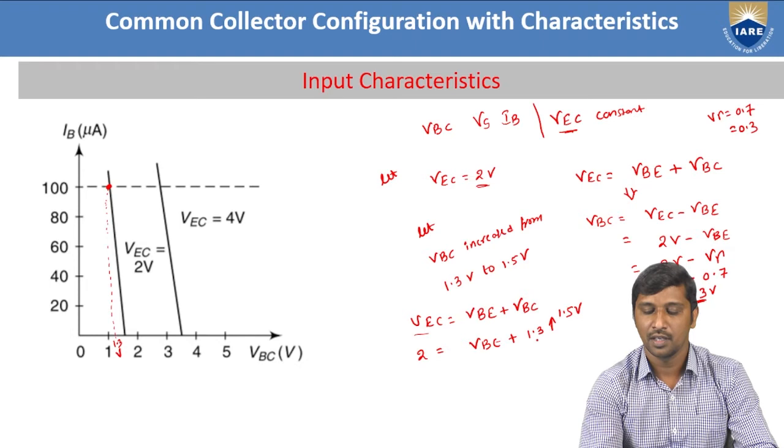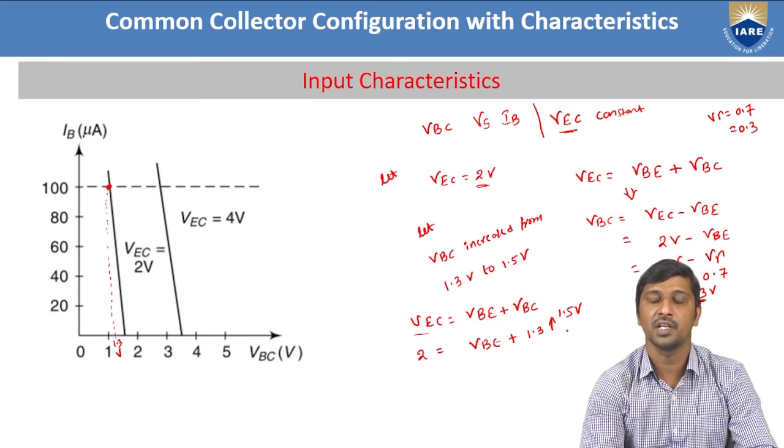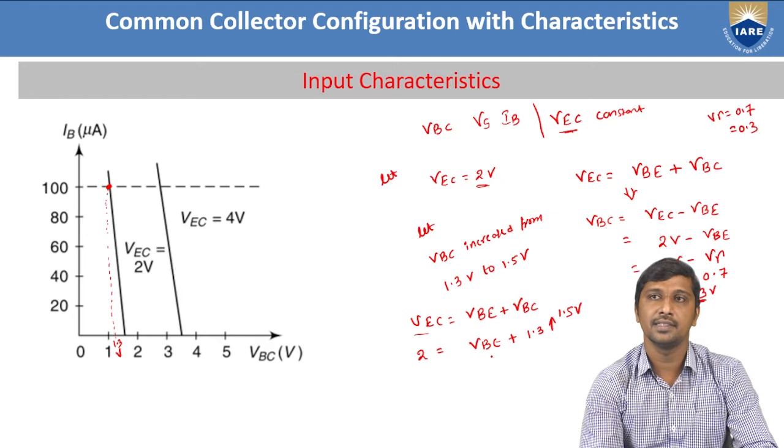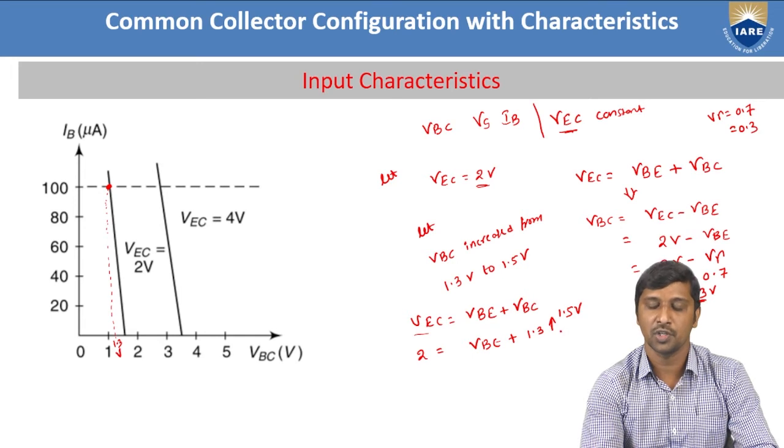If you observe this increase from 1.3 to 1.5 volts, how much voltage is increased here? 0.2 volts is increased, and that 0.2 volts is compensated through VBE. Hence, VBE is reduced from the cut-in voltage by 0.2 volts.